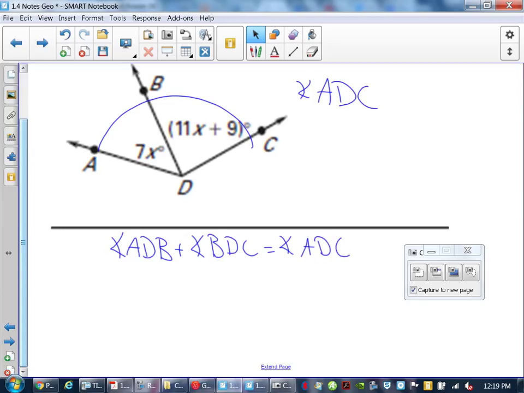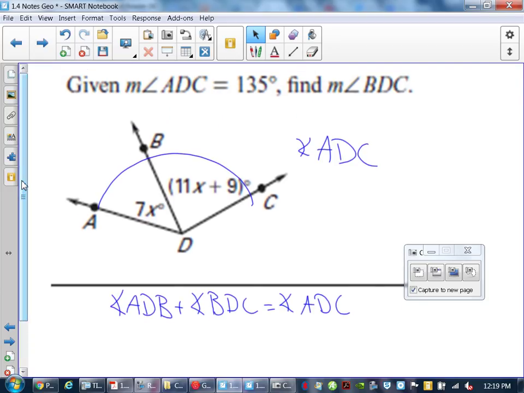You're starting with that scenario and then filling in the blanks. You know that you're looking at a diagram with two angles that make up a larger one, so you write out what you have. And then you substitute in the values that you know.